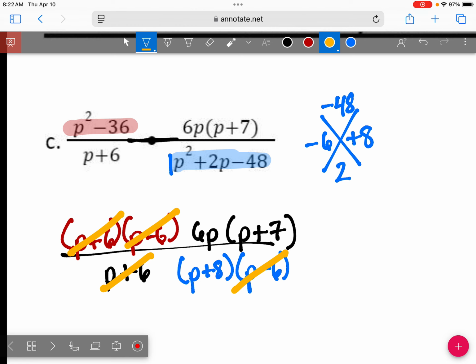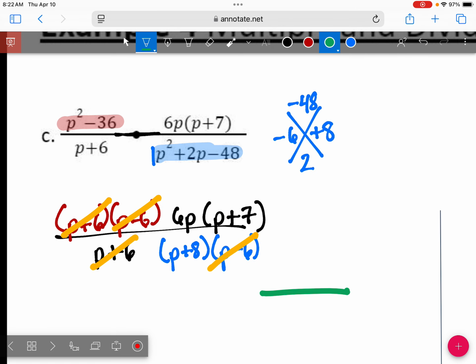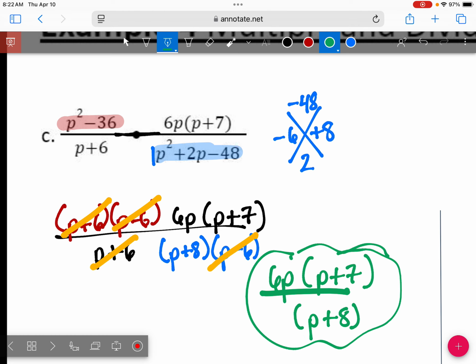Anything else? No? Okay. So my final answer is upstairs I have 6P and a P plus 7. And downstairs I have a P plus 8. And that is it.